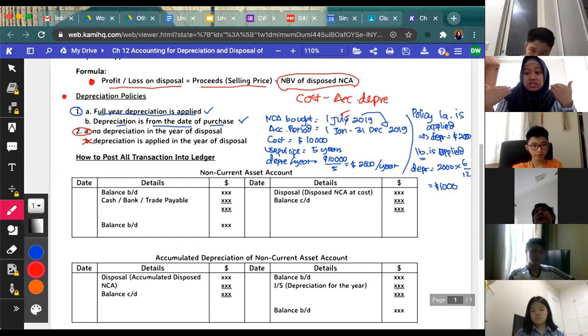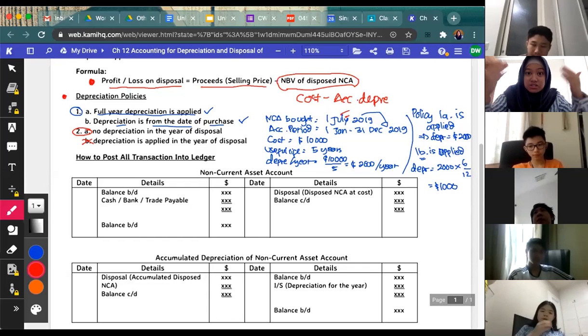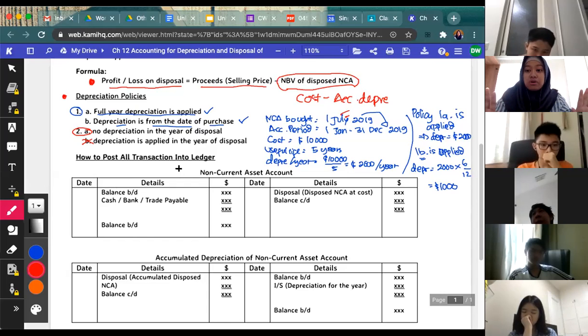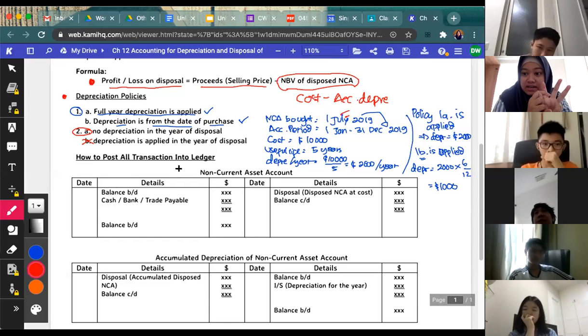Logically you consumed it already for 6 months, and when you consume it, you have to calculate the depreciation. But since the policy says no depreciation in the year of disposal, we ignore the usage of the 6 months in the 3rd year.